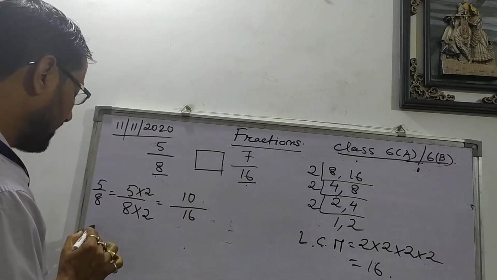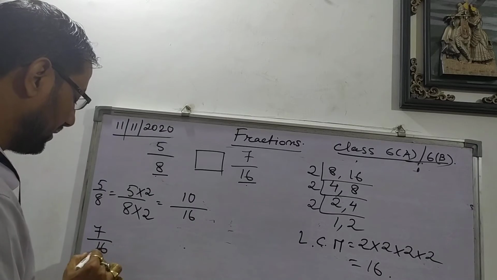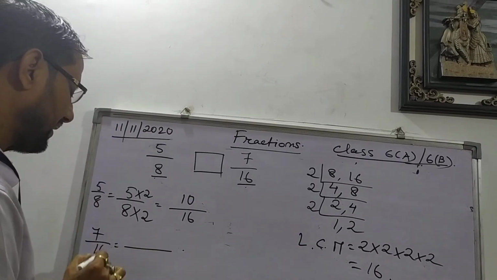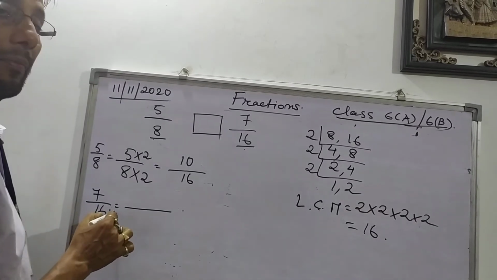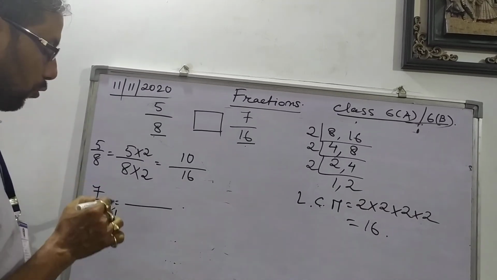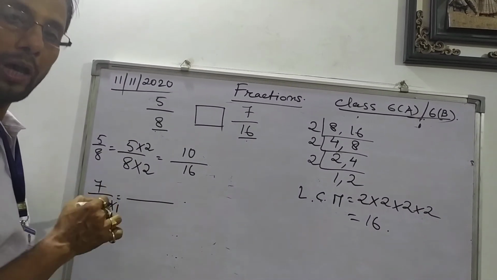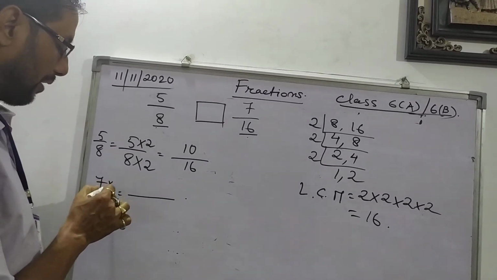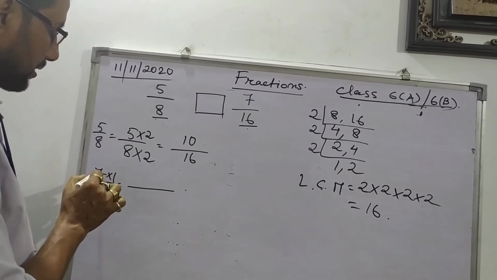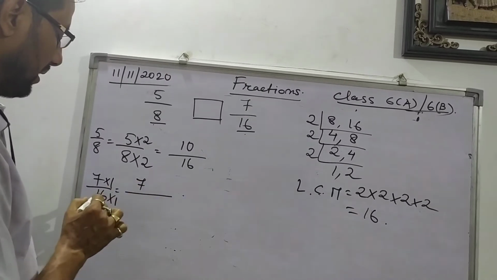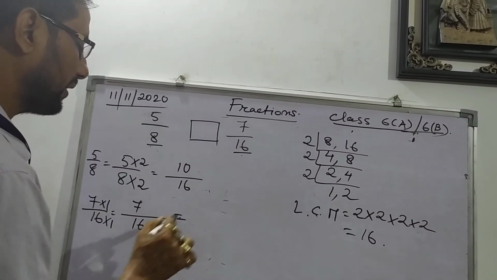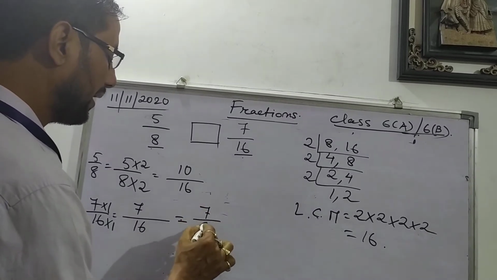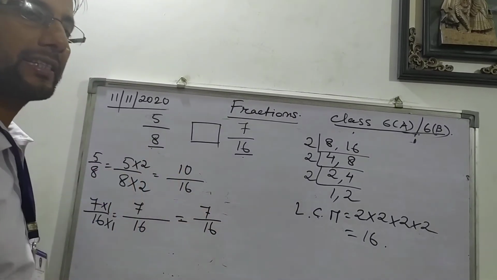Then next it is 7 by 16. 16 multiplied by how much equals 16? That is 16 multiplied by 1. So once I have multiplied 1 over here, I will multiply 1 here also. So 7 1s are 7, 16 1s are 16. So I will get 7 by 16. Now let us compare.